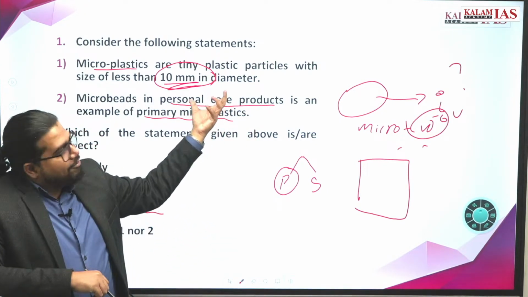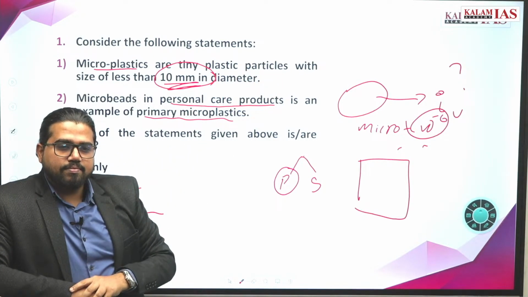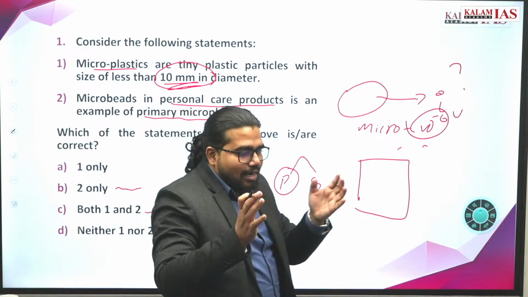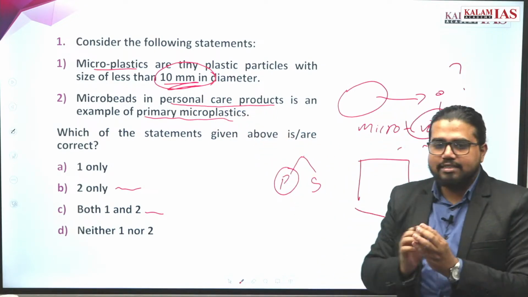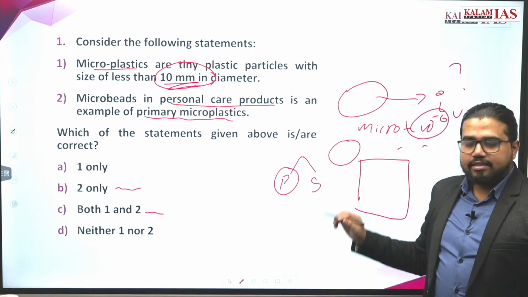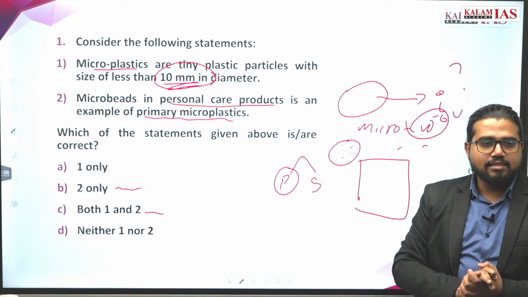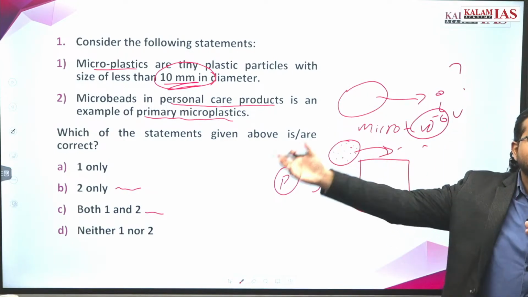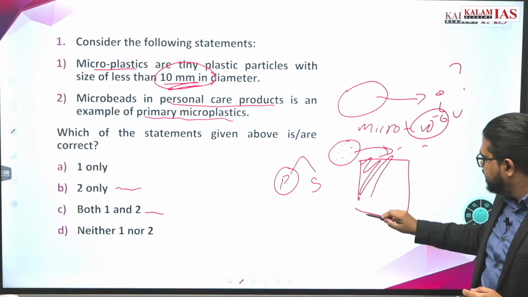Yeah, it is very broad. I am not saying that. See, personal care products, suppose this is the product. This product itself contains microplastics. Now there is no need for any other process for this to become microplastic. If it is a polythene bag, it's a very big thing.